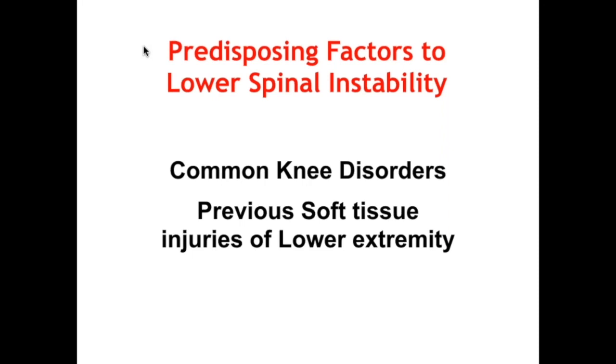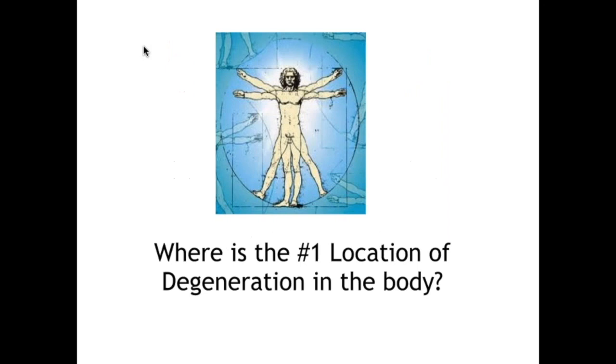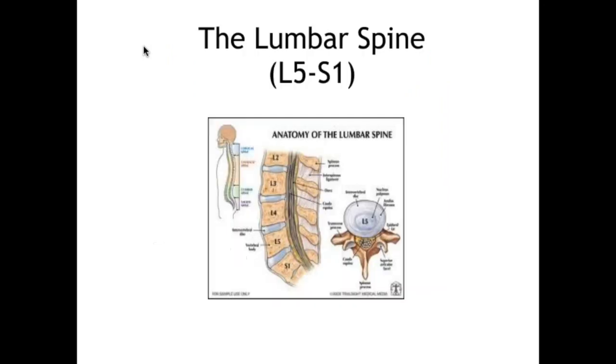So when I say previous soft tissue injuries, I'm talking about people that have had ankle sprains that never saw the chiropractor, that had plantar fasciitis, Achilles tendonitis, shin splints, Osgood-Schlatter, all these types of things that can affect their body that they never think that we can adjust them, and they never realize that we can fix this for them and help them. Where's the number one location of degeneration in the body? So I want you to think of spine first here, and you would know that it's L5S1.